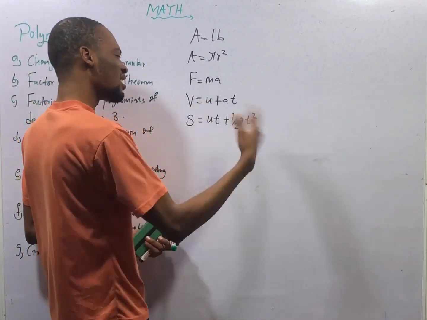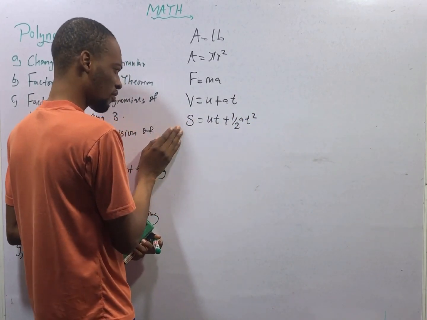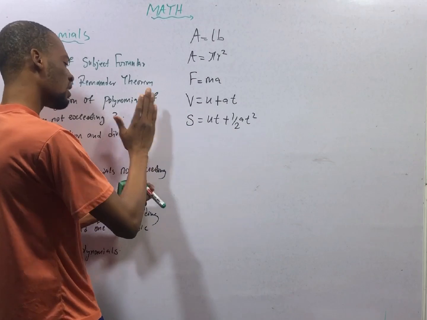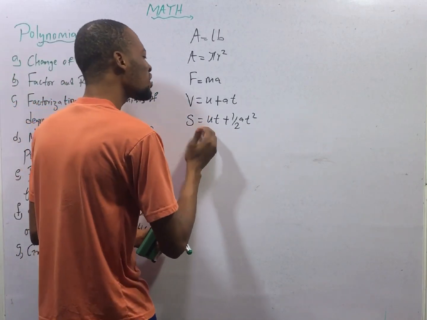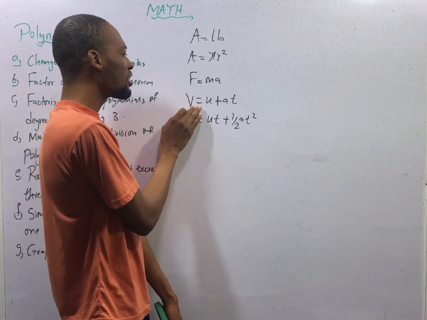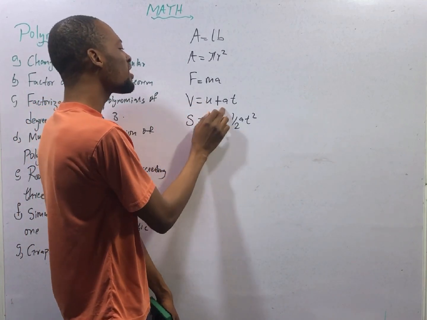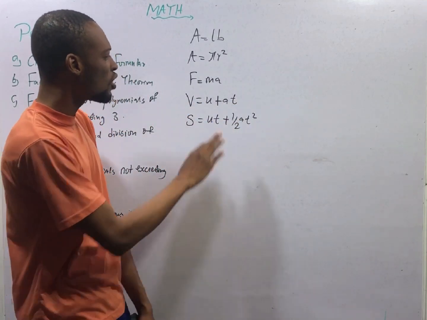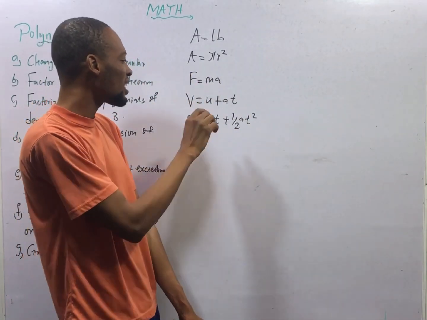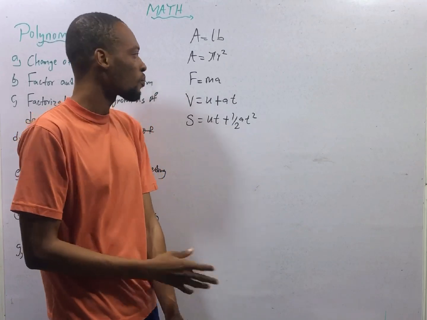Every other thing is equal to s, which means s is a single variable on the left hand side and it is equal to everything on the right. Here, you see v and it equates to everything here. Therefore, u plus at, everything adds up to give us exactly what v is.